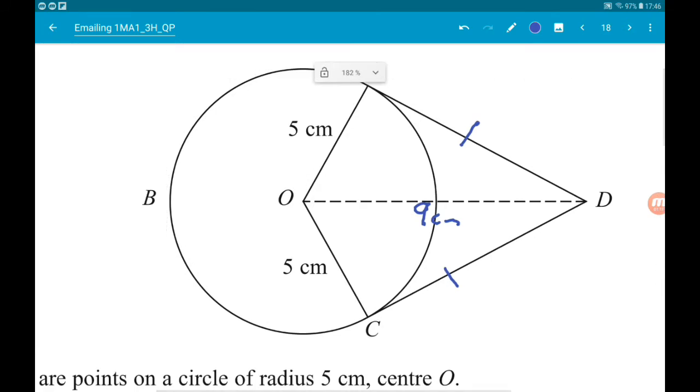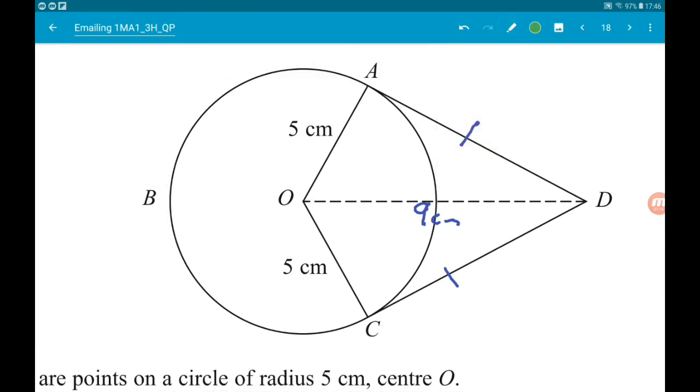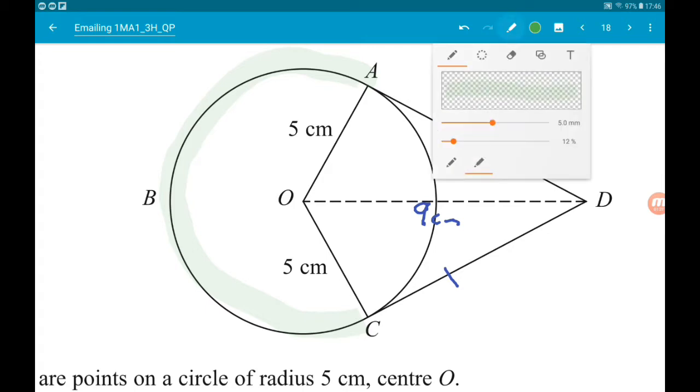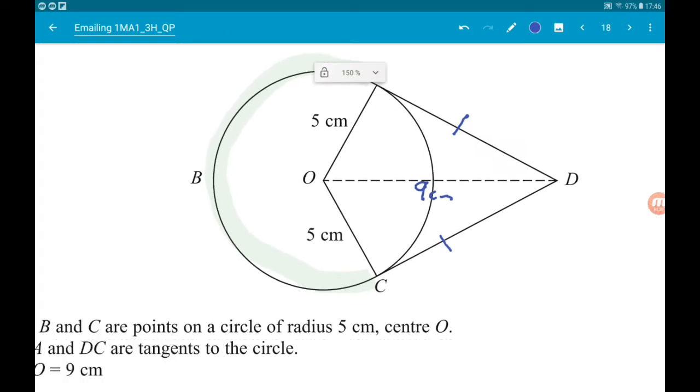So the arc that we want is that one, all the way around like that. Okay, so how are we going to do that? Well, first of all, let's work out the circumference of the whole circle.